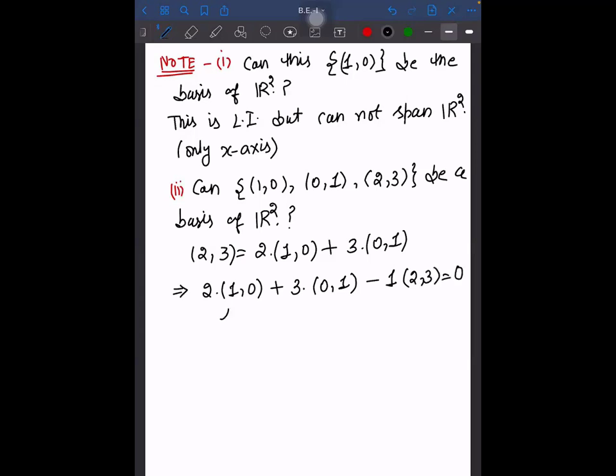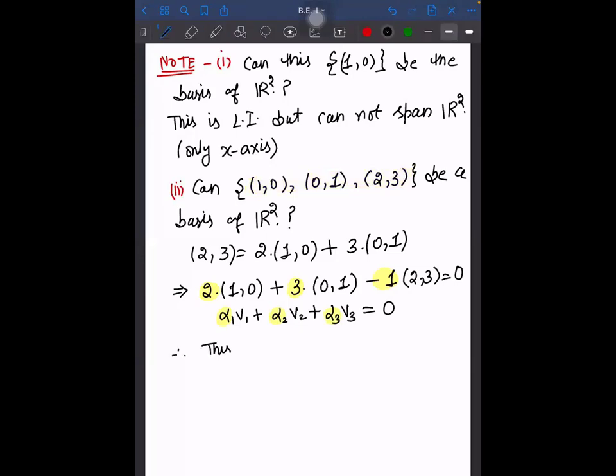So alpha 1 v1 plus alpha 2 v2 plus alpha 3 v3 is equal to 0, but all alphas are non-zero. We only need one of them to be non-zero, right? Even if one of them is non-zero, then the set is linearly dependent. Here we are able to produce alpha 1, alpha 2, alpha 3 so that all are non-zero. So that means this set cannot be linearly independent.